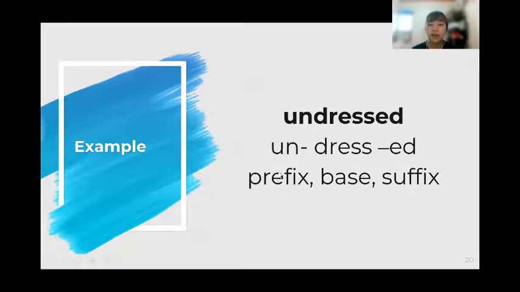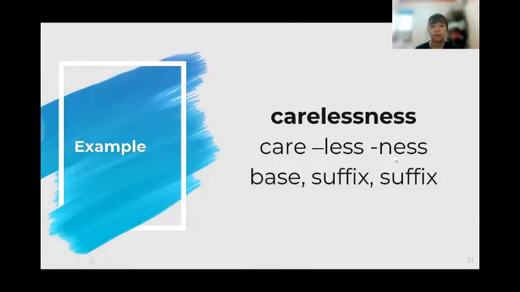We have your un, which is the prefix, and your ed, which is the suffix. Next is carelessness. So in the word carelessness, care is the base form, less is the suffix, ness is the suffix as well. So of course, they are suffixes because we said affixes that come after the base word or the root word are considered as suffixes.